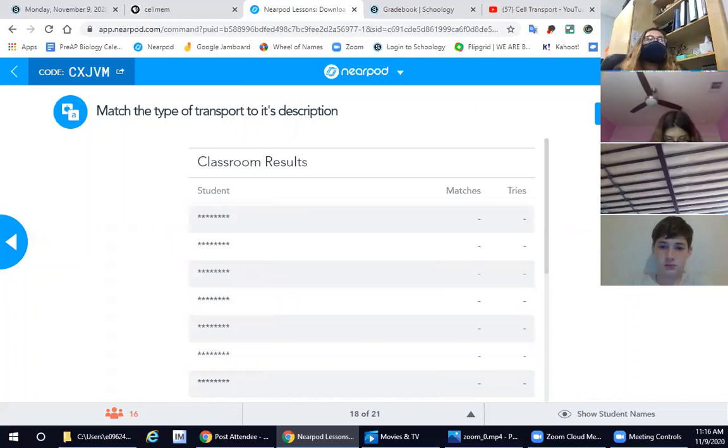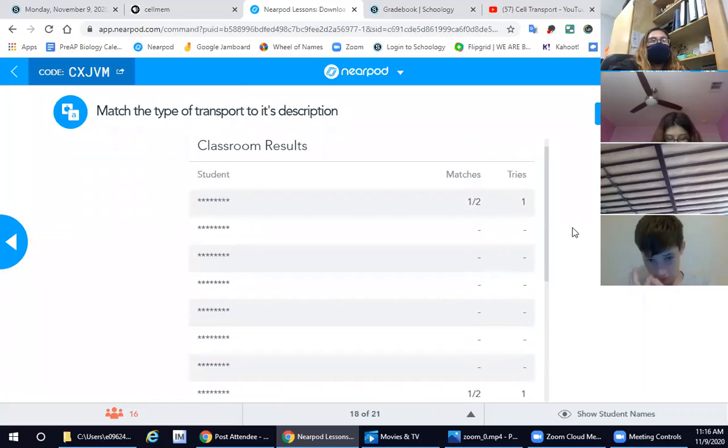All right, so go ahead and match the type of transport to its description. You could try again if you get it wrong.